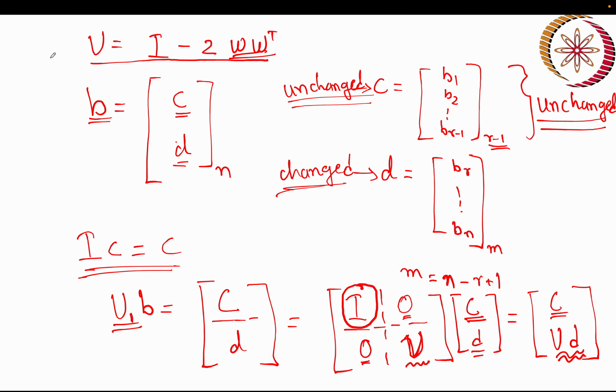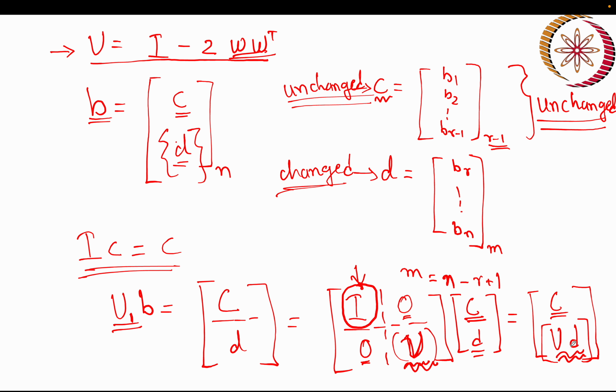And then we started with this Householder matrix, and to keep this c unchanged, we used this identity matrix here, and then we used the Householder transformation only here, which corresponds to this d part. In this d part we have used this U, and that's how this U d has come here.